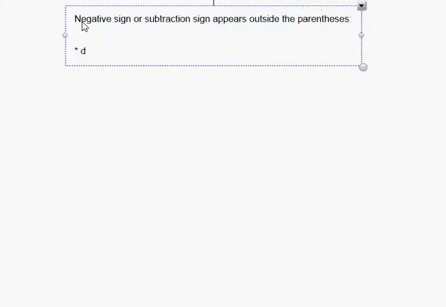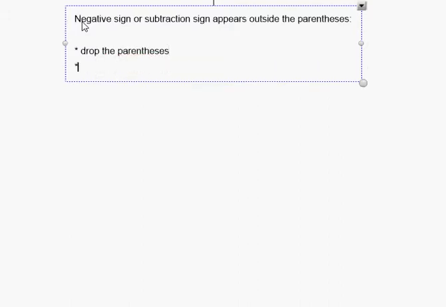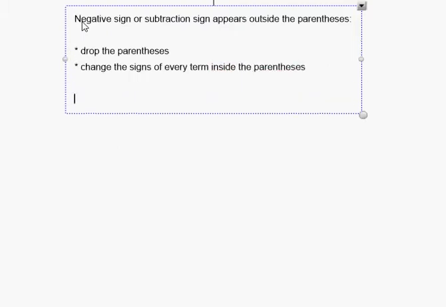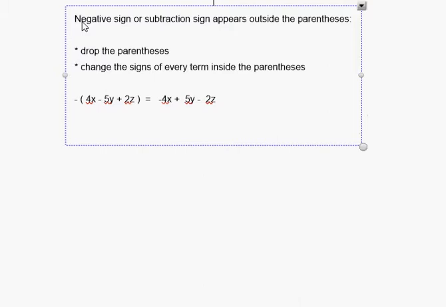So what we do is we drop the parentheses and we change the signs of every term inside the parentheses. So for example, if we have the negative sign times 4x minus 5y plus 2z, this would become minus 4x plus 5y minus 2z. So all operation signs change.